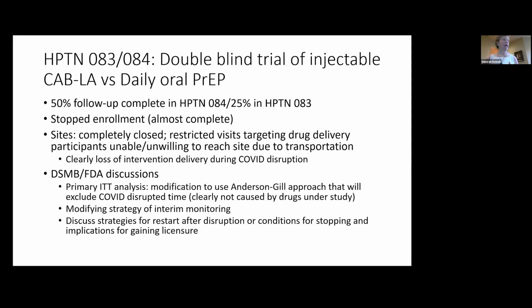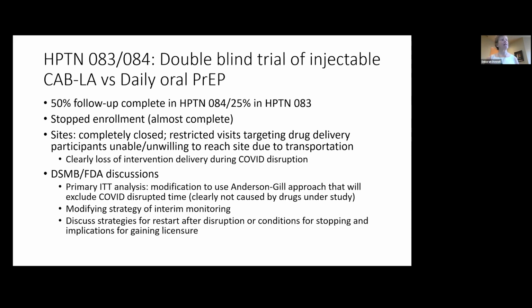I think in our situation, because of how far through the trial we are, and we're coming up on scheduled DSMB reviews, we're looking at some slight modifications of the strategy of interim monitoring, and again having discussions with the DSMB about what is okay to change and what is not okay to change.